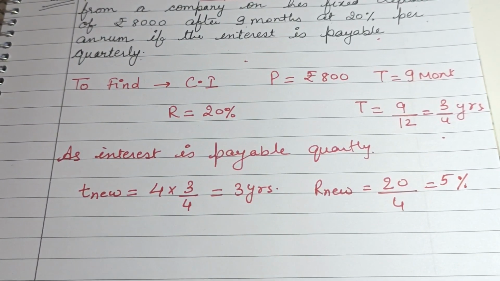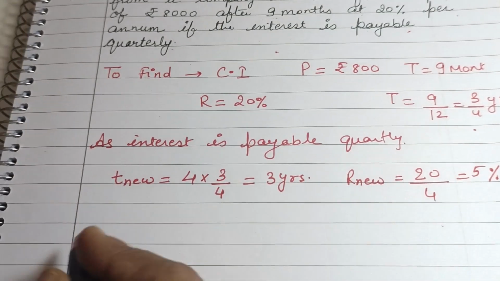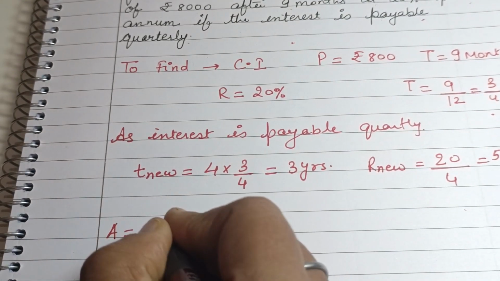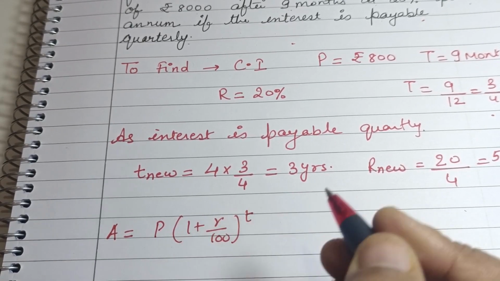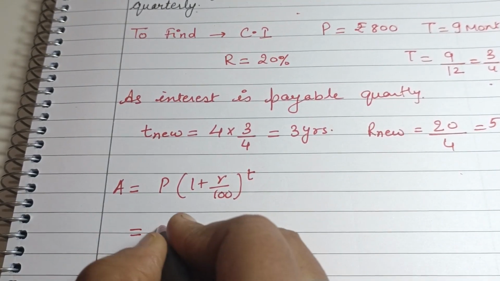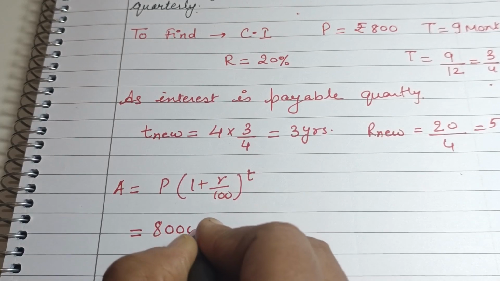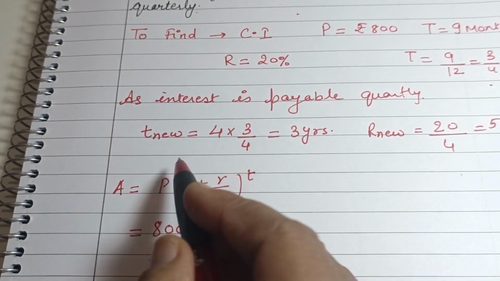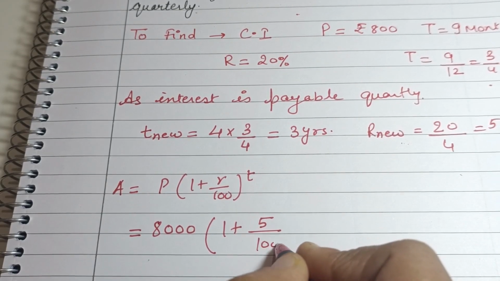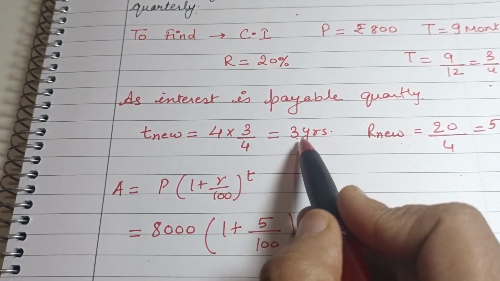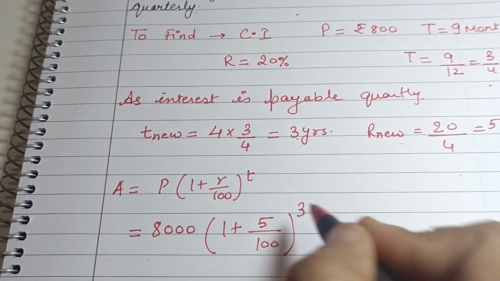Understood? So in this way, first of all, calculate it. Now, what is the formula of amount? P into 1 plus r upon 100 to the power t. P will be replaced by 8,000, 1 plus, now R will be replaced by the new R, that is 5 upon 100, and time will be replaced by the new time, that is 3.